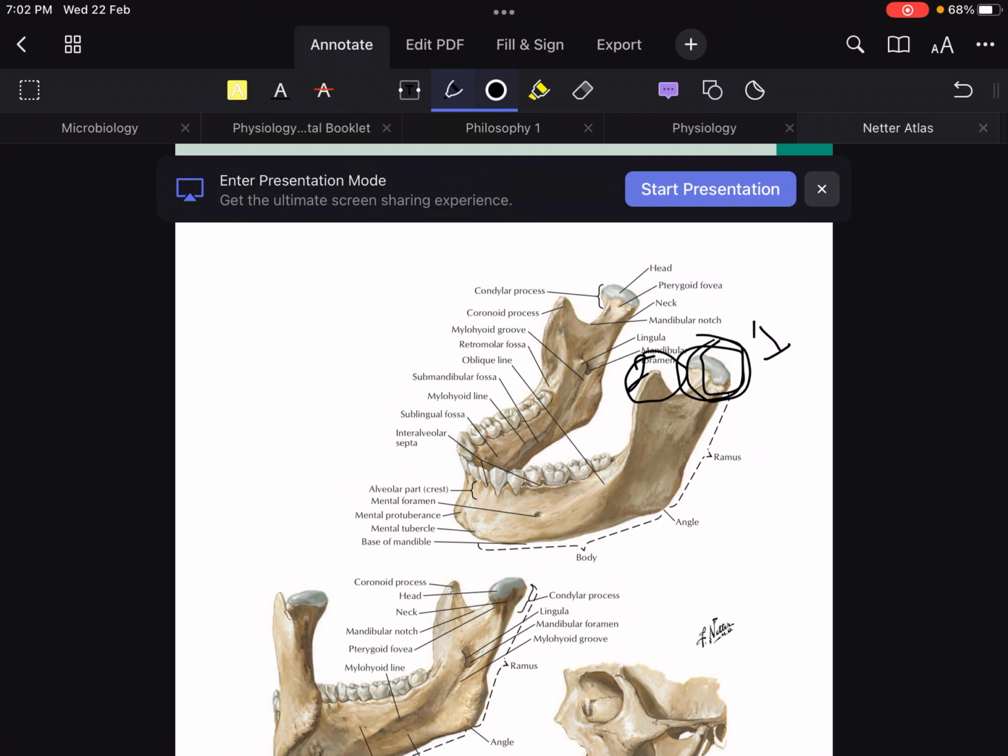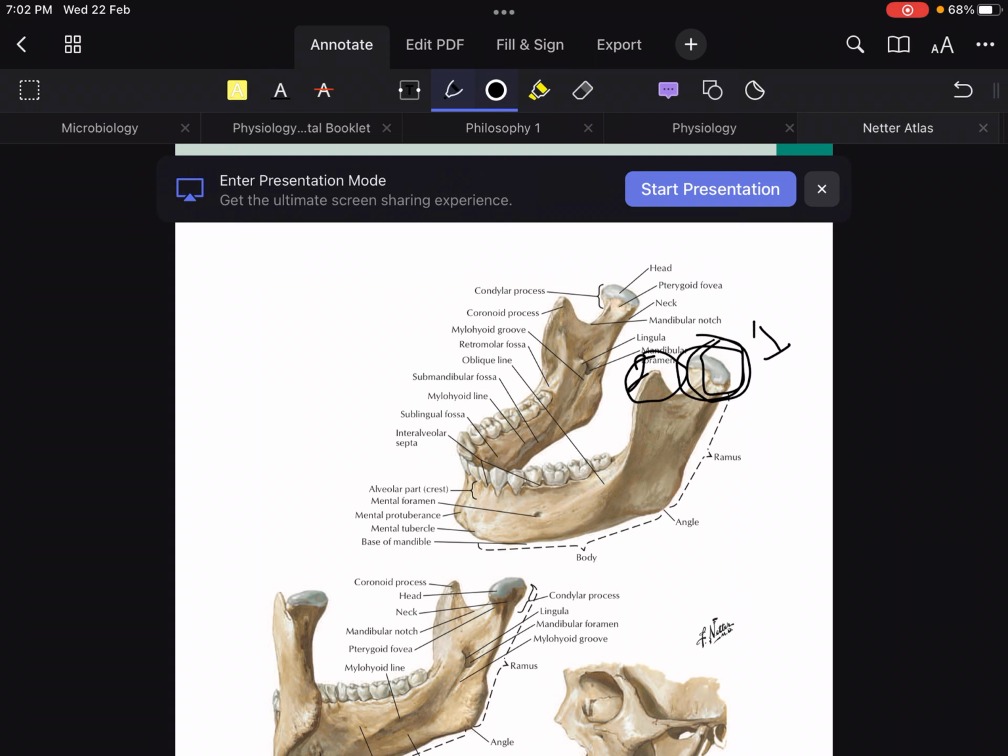That's important. And also in dentistry, sometimes this process can't attach in a good way to this fossa, and it will cause some disease, some pain, or it can cause lockjaw.